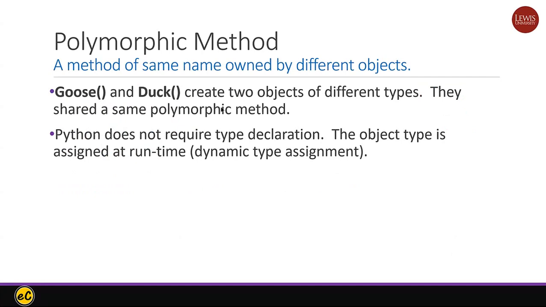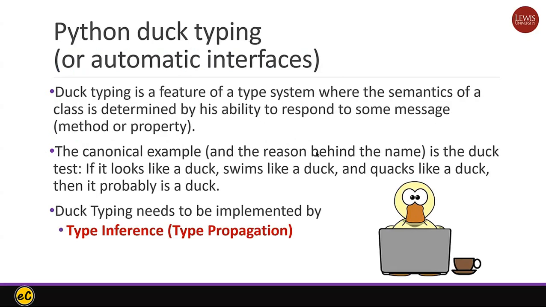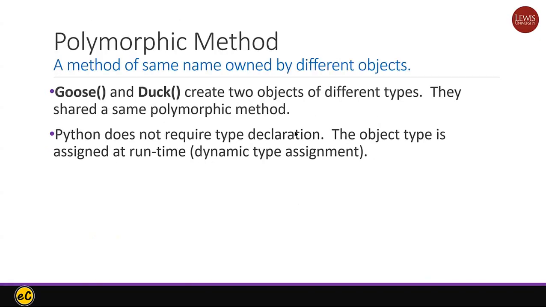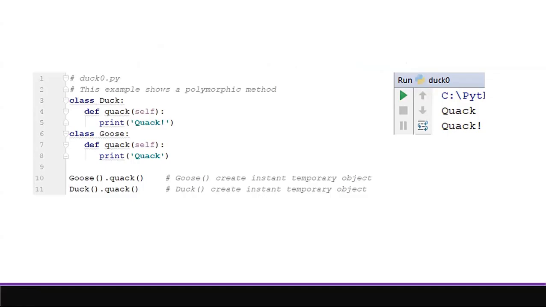So duck and goose are different object types, but you do not need to declare their relationship. When you perform similarly, then you are considered the same type. It's called duck typing. Duck typing means that if you walk like a duck, then you are a duck.